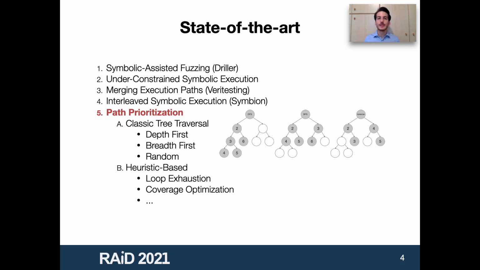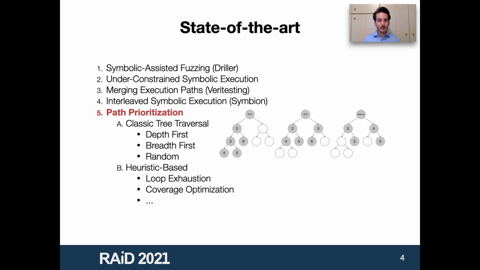We all know the classic tree traversal algorithms such as depth-first search, breadth-first search, etc., and heuristic-based techniques such as CLE's coverage optimization or AEG's loop exhaustion are techniques that make use of specific metrics such as coverage or loop iterations in order to score and prioritize paths.